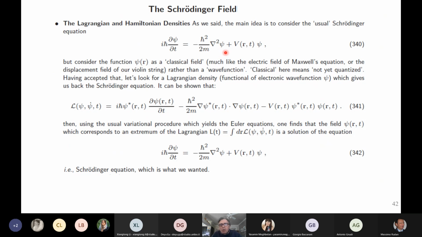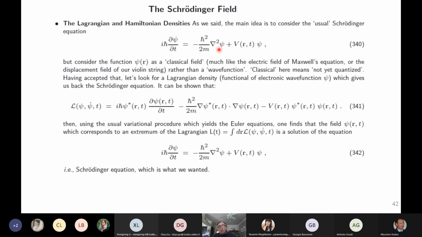It has been called second quantization, as I said, a misnomer, because it seems like we're starting from a quantum equation, which is the Schrödinger equation, which is already quantum, and then we quantize it again. Again, it's a misnomer. I think it's much better to interpret this as an equation for a classical field, and then do conventional quantization of this field, so to speak.